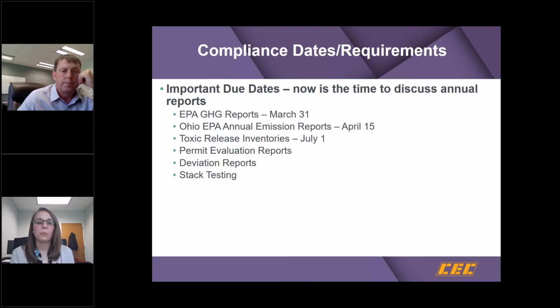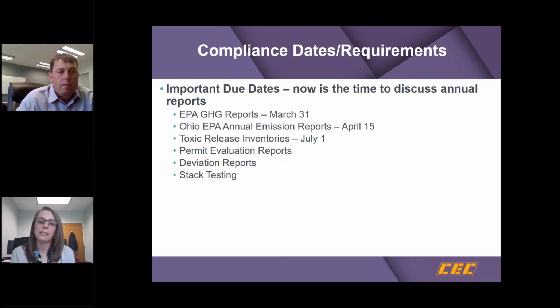Annual permit evaluation reports are for all of your smaller facilities, and those are a couple check marks, and they're due at one of 4 times throughout the year that you can select for your company to submit those. And deviation reports are required in case something happens where you have an upset at your facility that would cause a little bit of extra emissions, or control equipment goes down.